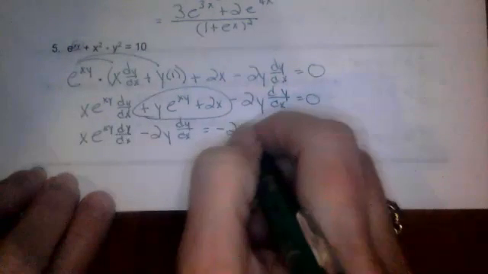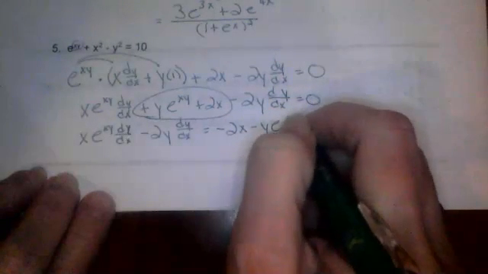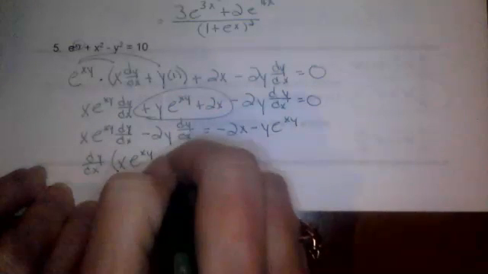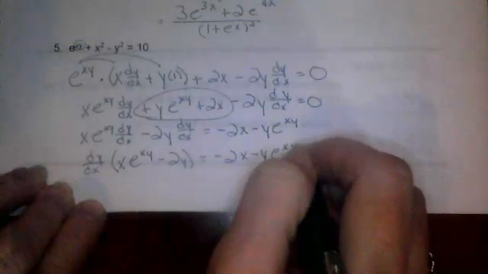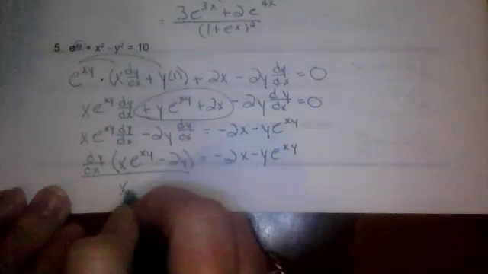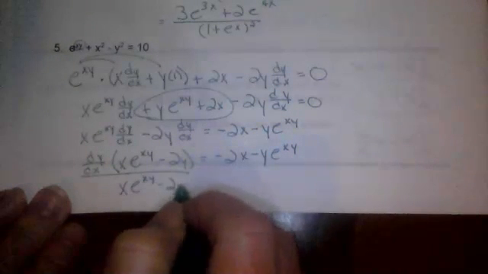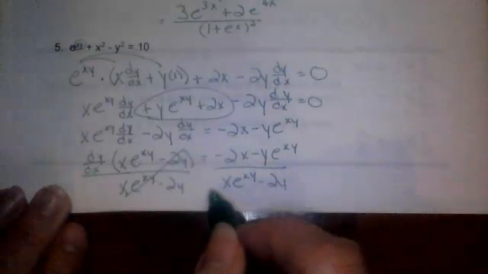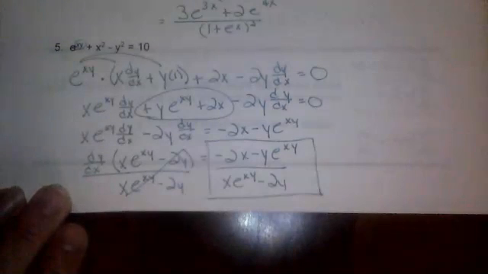So minus 2x minus y e to the xy. All right, then we factor out the dy dx. So x e to the xy minus 2y. And then we divide. And so this is our derivative.